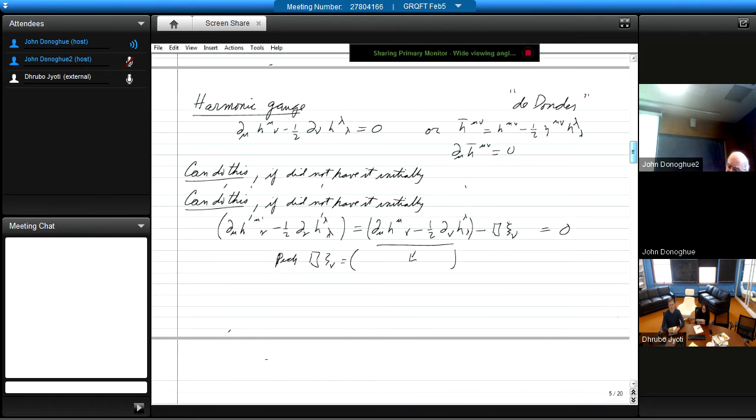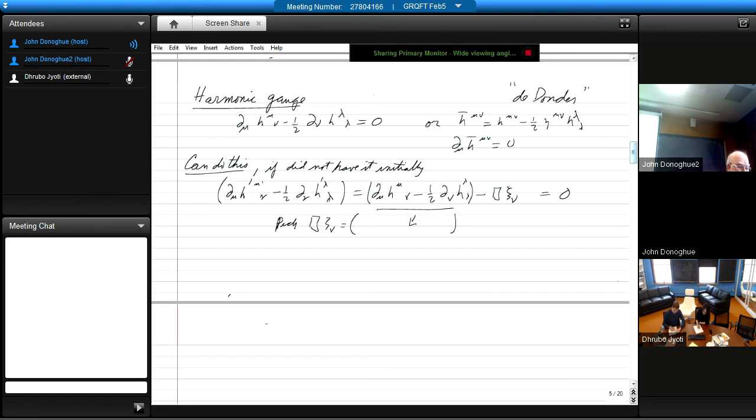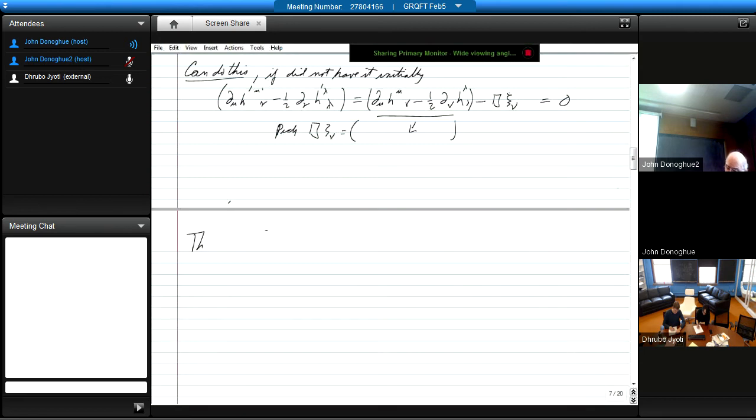So again, with a bunch of algebra, we have the equations of motion.